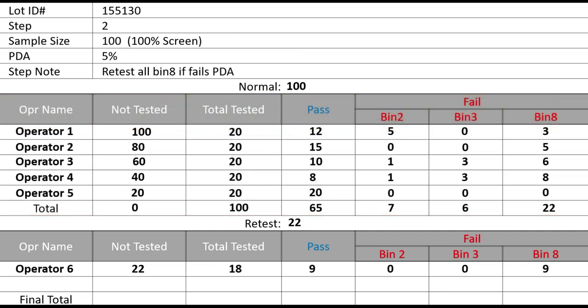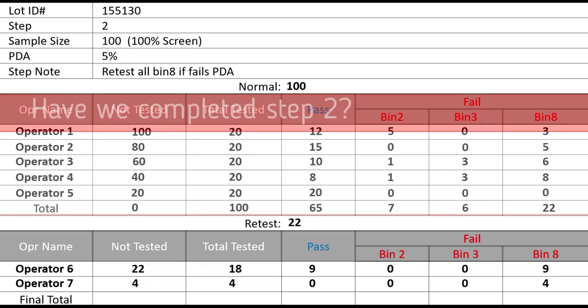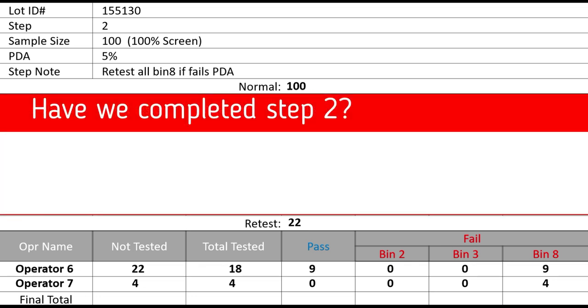Operator 7 will now come in, and they have 4 devices that are not tested. They will go ahead and test the remaining 4 devices. However, all devices will end up failing bin 8. So my last question is, have we completed step 2? The answer is yes.